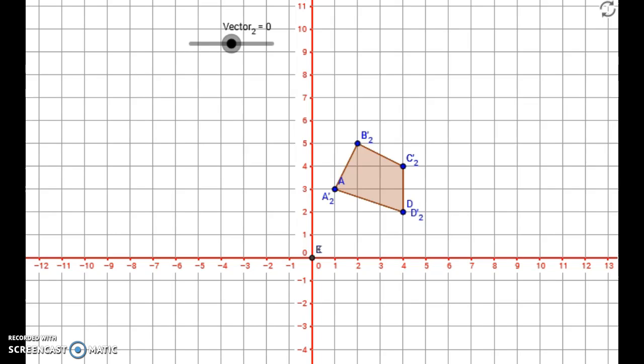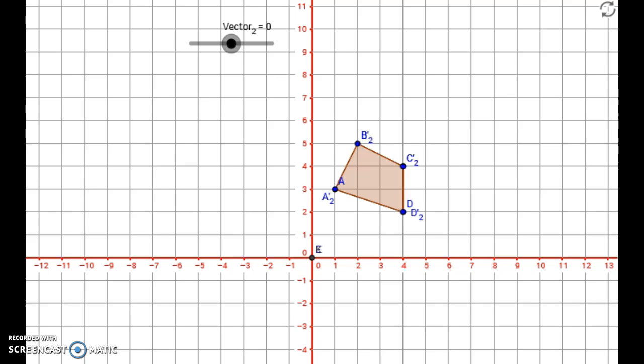We are continuing with translation, and this time we are going to look at translation in the vertical axis, in other words, the y-axis. How do we translate in the y-axis? In this case, the image will move up or down.